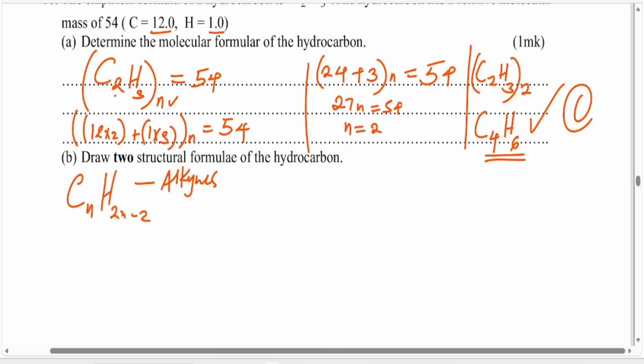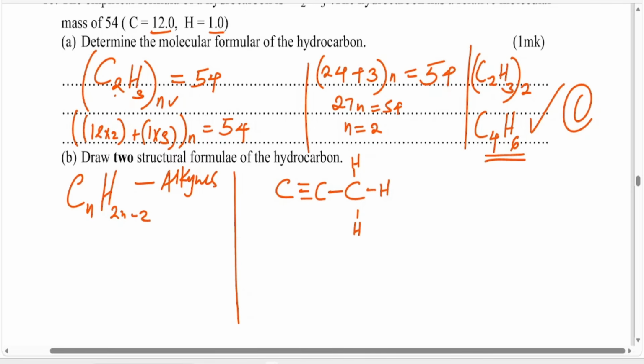So the first one, I may decide to place the triple bond between the first and the second carbon. Then we are going to have hydrogens distributed as follows: hydrogen, hydrogen, hydrogen.